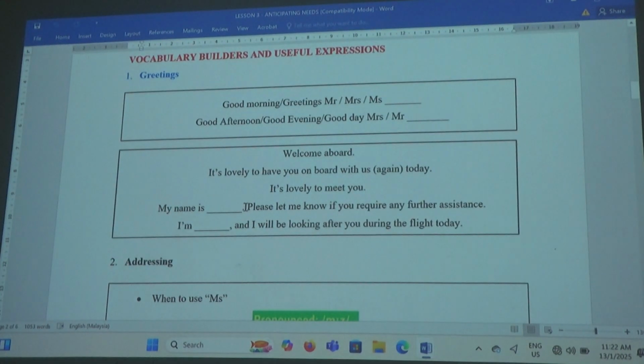Please, first word, so I put capital P. Maybe if, me, please, let, require, assistance, any further. So you should be able to formulate, please let me know if you require any further assistance. Can all of you handle that? Yes or no? Is that okay now? So that would be question 3.